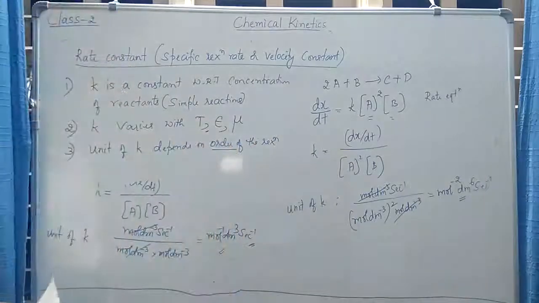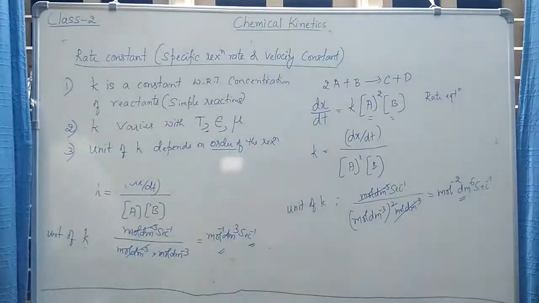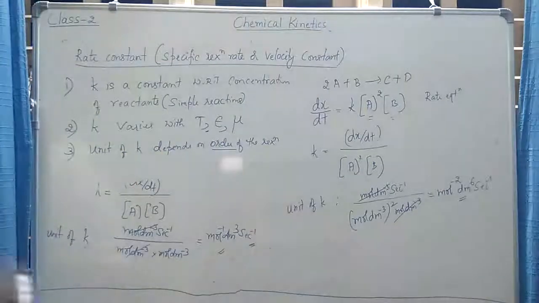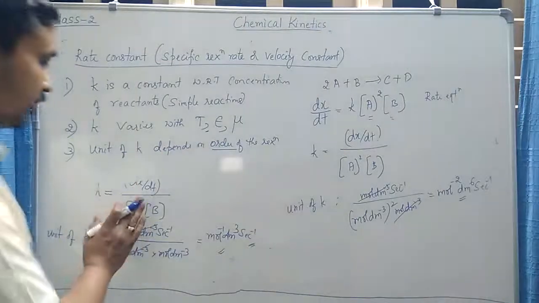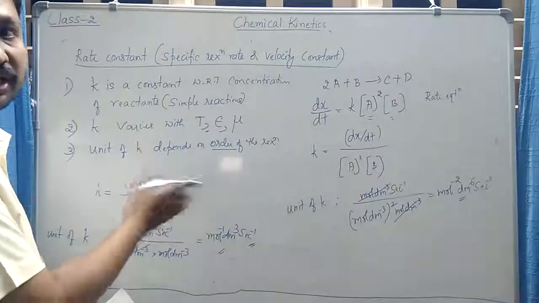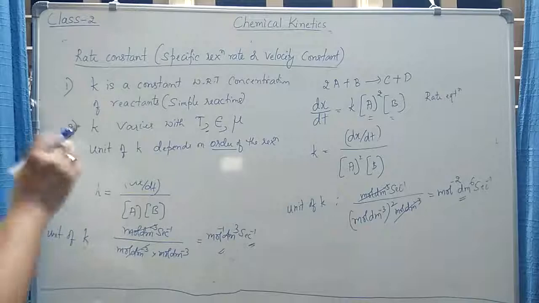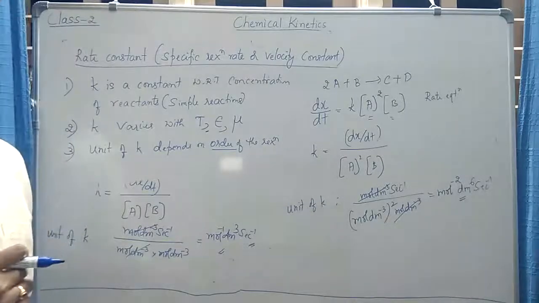What is the order of the reaction? I will define it later. Now remember, the unit of K depends on the order of the reaction. As the order of the reaction changes, as the concentration terms change, the unit of rate constant also changes. So these are some of the important features of rate constant.